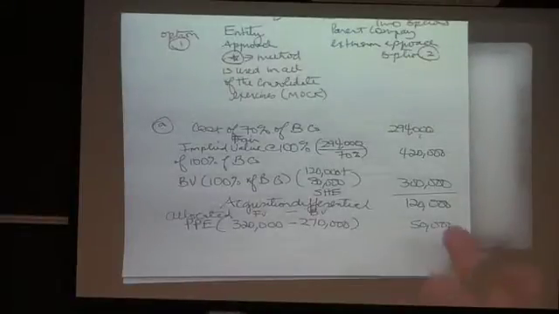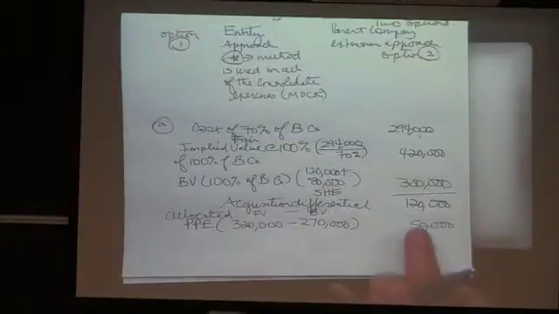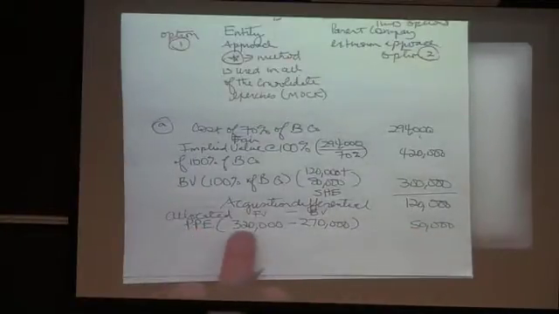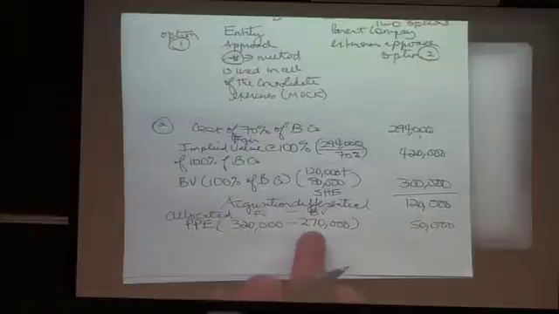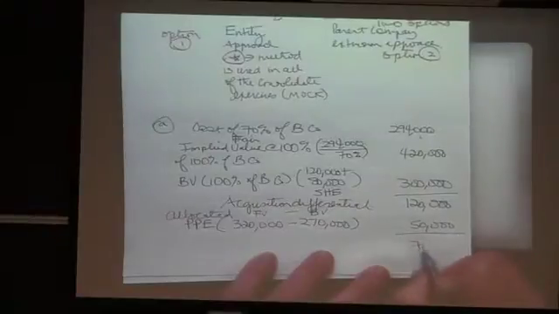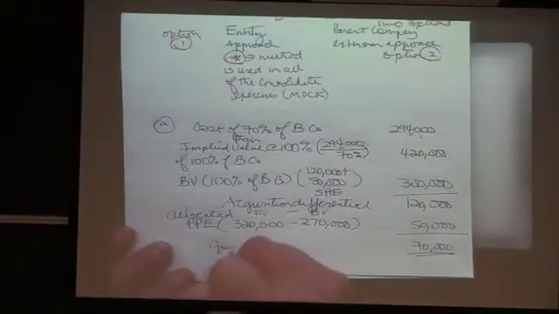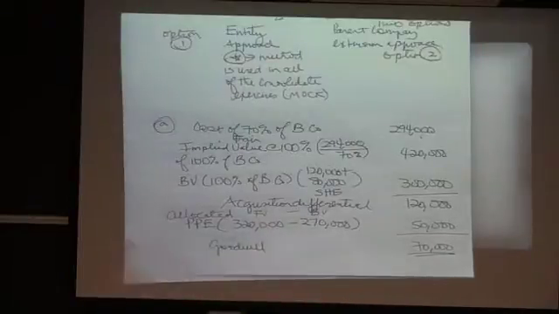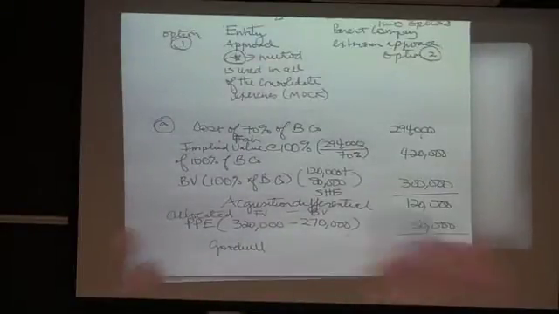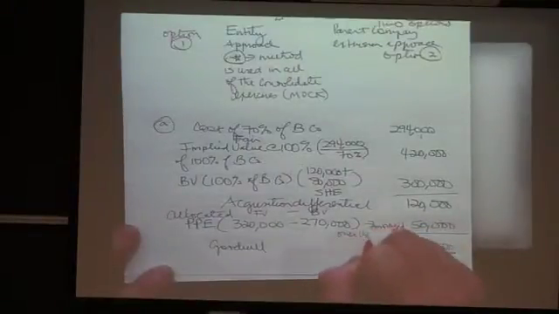In this case, the reason why I paid $120,000 more was because the value of the property, plant, and equipment was much higher than what the book value showed. And the difference goes to goodwill. Now, this will be amortized over the remaining life.